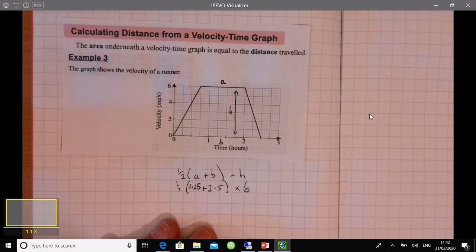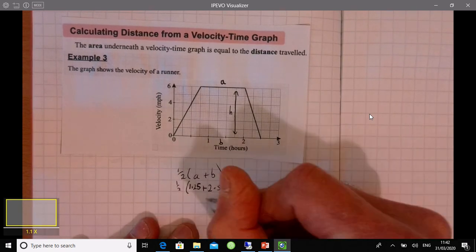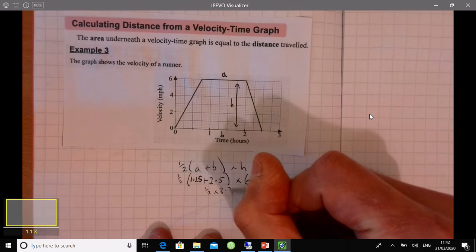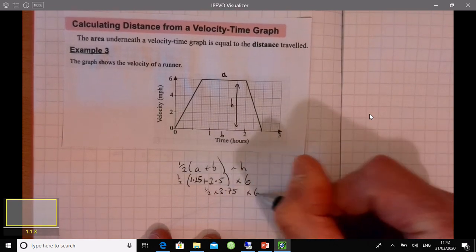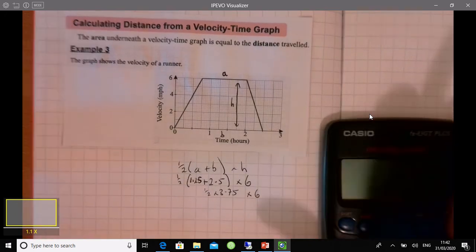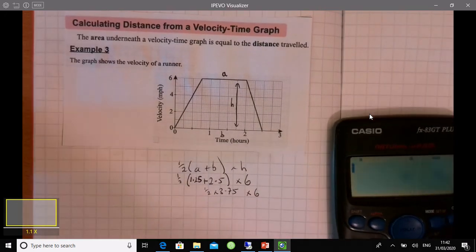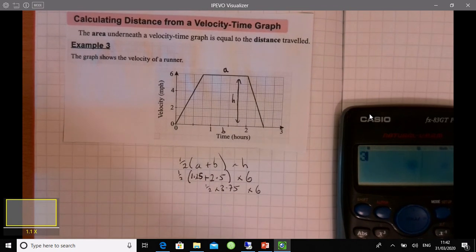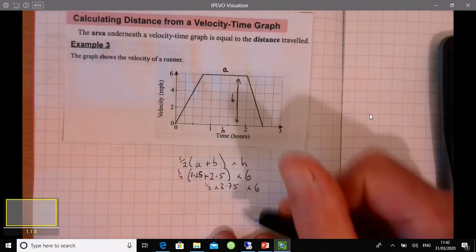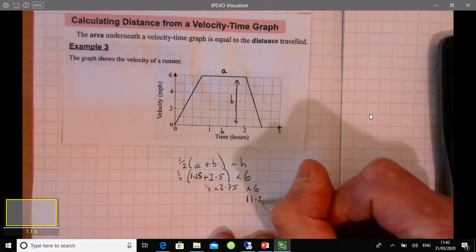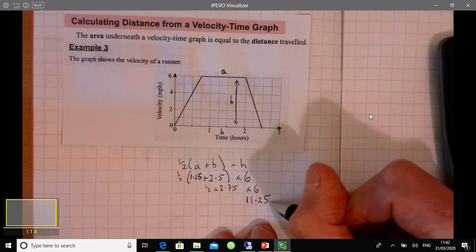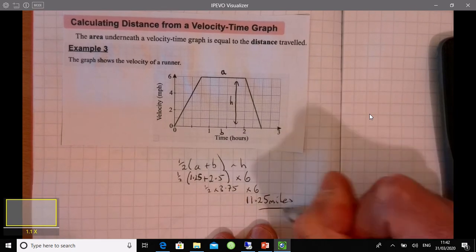So now if I piece all this together, so 3.75, so I'm going to do half times 3.75, I'm going to multiply that answer by 6. So if we pop that into your calculator, we've got 11.25, and we're talking about miles. Make sure we put the correct units in.